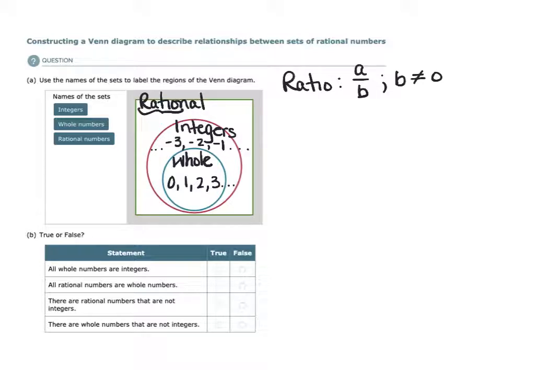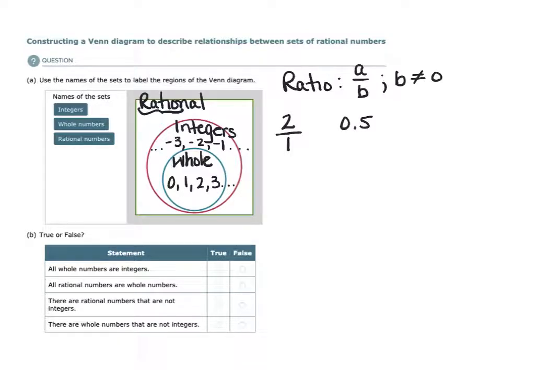For example, the number 2. Well, the number 2 we know is a whole number. It's also an integer, but it's also rational because we can write it in the form of A over B. Another rational number that may not seem quite as obvious as just any fraction would be a number such as 0.5.